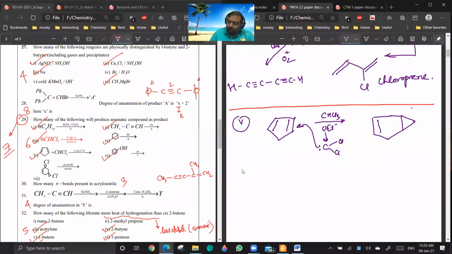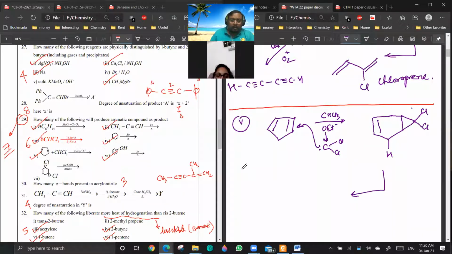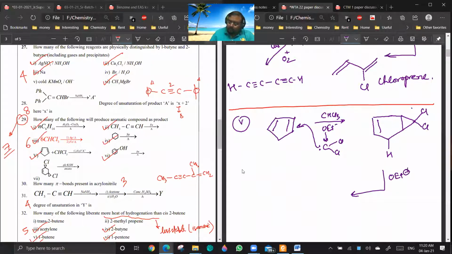Now, this will attack one of the double bonds and it will form this type of compound. Is it clear? Yes or no? Carbene addition to a double bond. Remember this? Now what will happen? The hydrogen will move like this, and this will move like this, and this will go out.